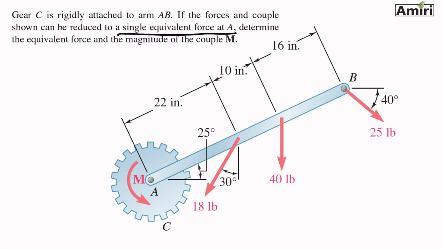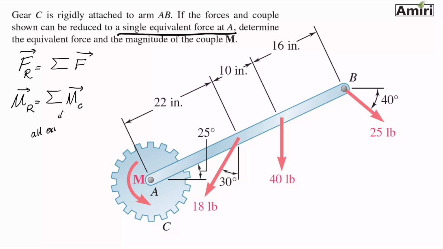All right. So when you're reducing a system or moving forces around, we have two main governing equations. The equivalent force is always the summation of the forces, and then the equivalent moment is the summation of all existing couple moments plus the summation of all R cross F's.